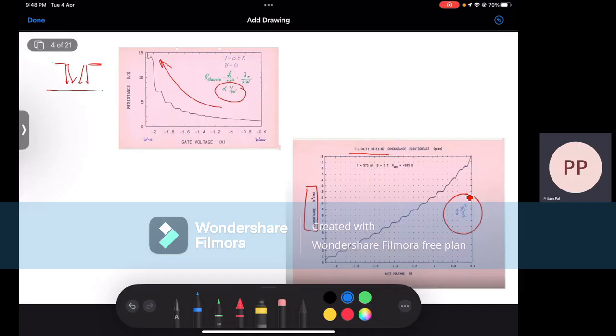Well, in a two-dimensional electron gas at low temperature, let's not calculate it first, but let's see what people have measured. This was actually measured in Delft in Holland on November 30th, 1987.